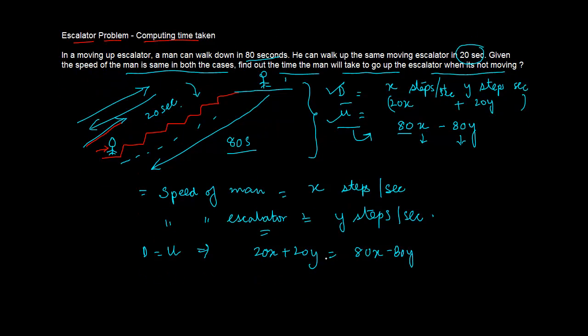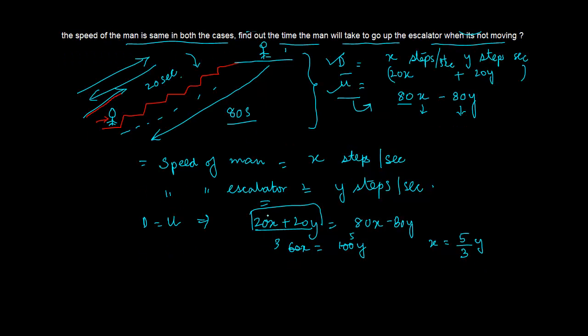Take x to the other side, so you get 60x is equal to 100y, that is 3 and 5, or x is equal to 5 upon 3 y. Or better still, we can write this as y is equal to 3 upon 5 x.